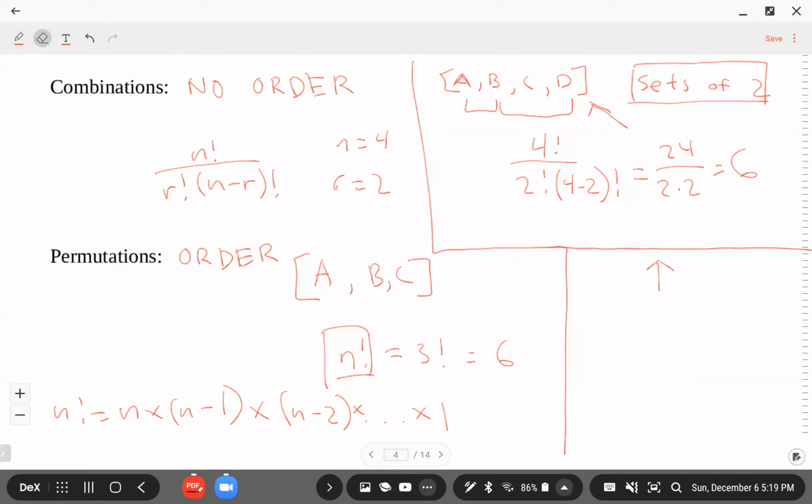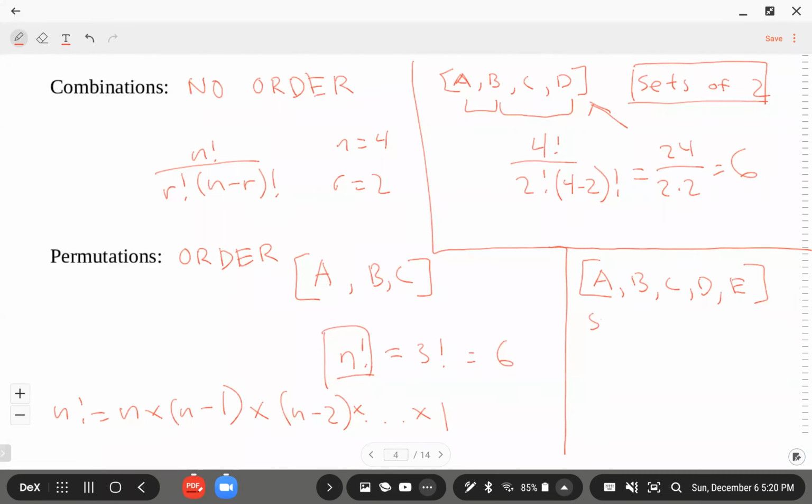It's going to be a combination problem. A lot of students might not get combinations, so this is a great time to see if you understand the material. We have a set A, B, C, D, E.